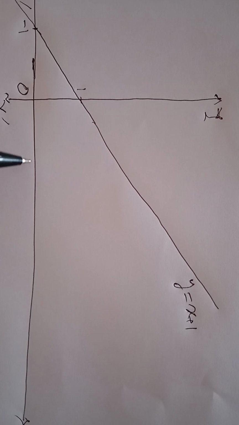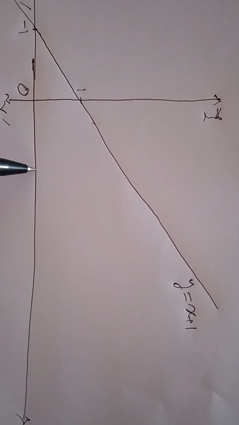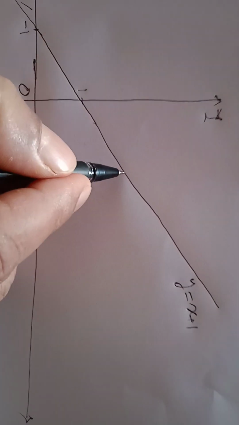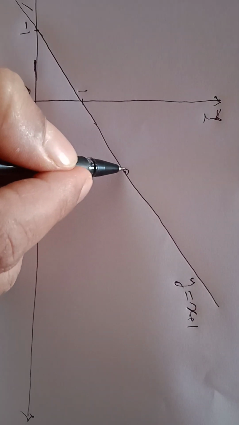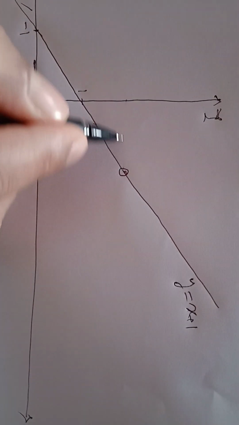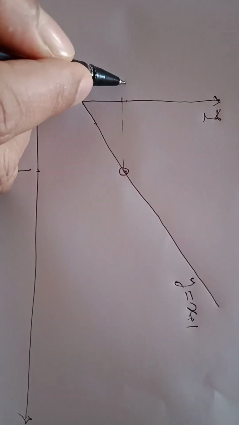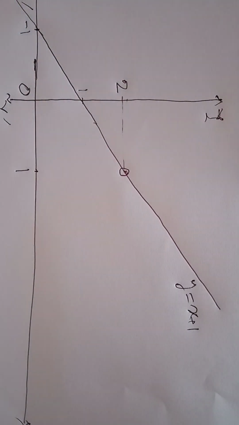Consider this is x equals 1, and this is the value of f(x) at x equals 1. This point is y equals 2. Now as the function is not defined at x equals 1, we cannot find f(1).